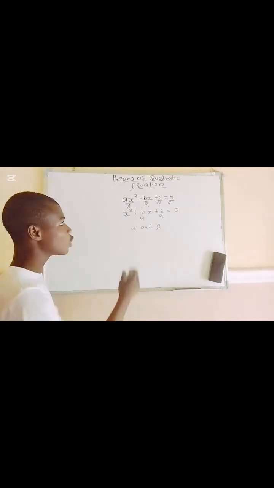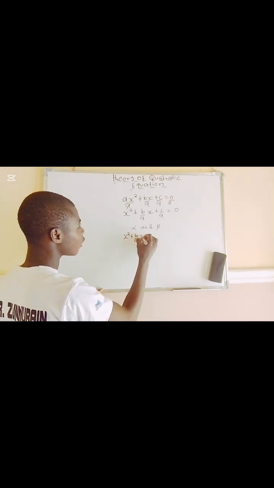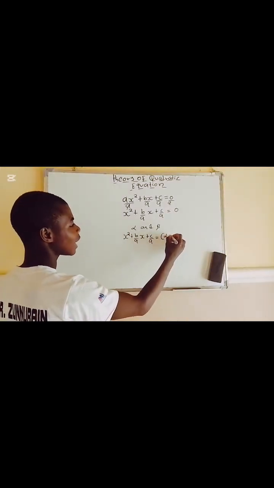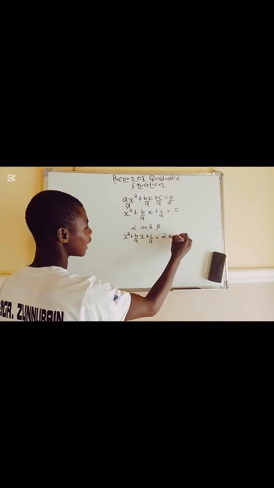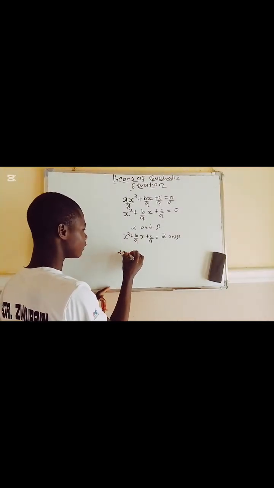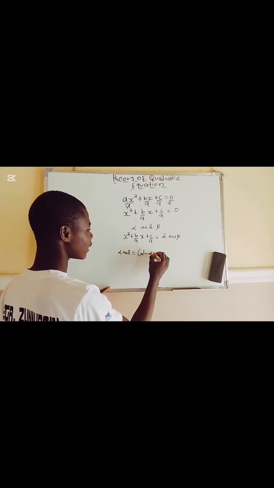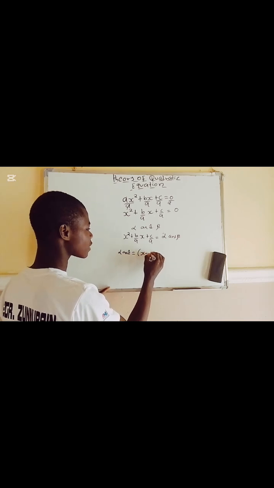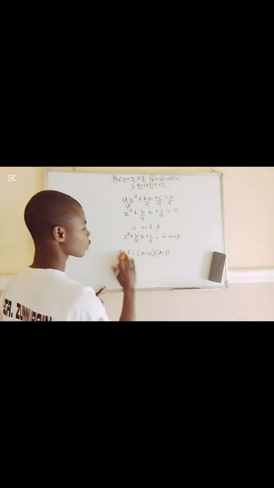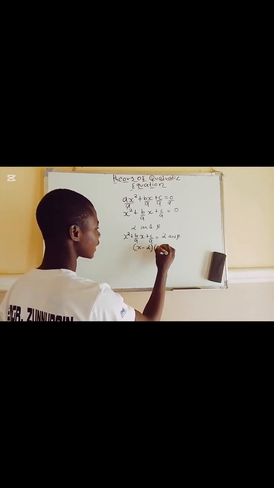If the roots of the equation are alpha and beta, then automatically x squared plus b over a of x plus c over a will be equal to, let's say, x minus alpha and x minus beta. So therefore x minus alpha, bracket x minus beta.